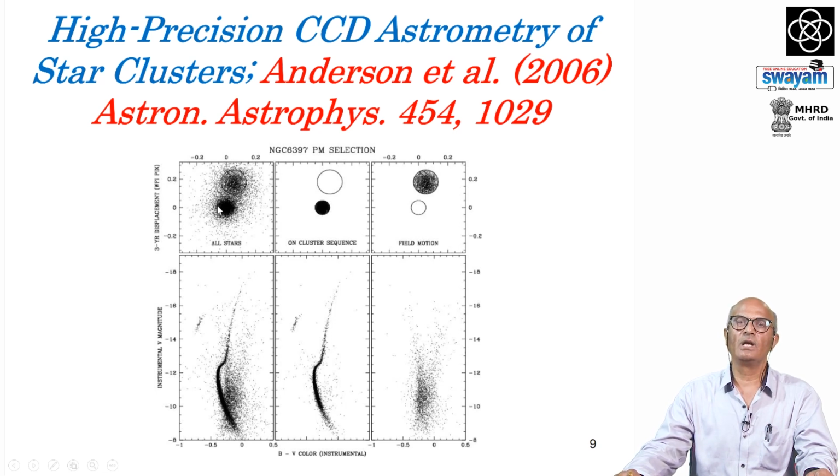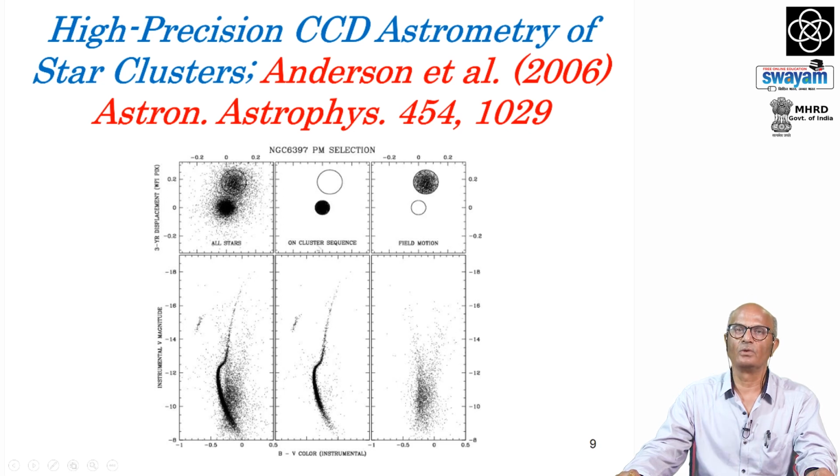But if you see their proper motion, they are clearly different. In the vector point diagram, cluster members' motions are centered at one place, depending upon the error of the observation, and that circle is shown here. Field stars have different values of motion, and that is shown as an open circle. You see what happened to the color magnitude diagram if we separate them.